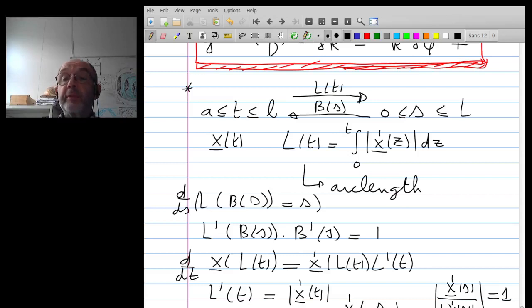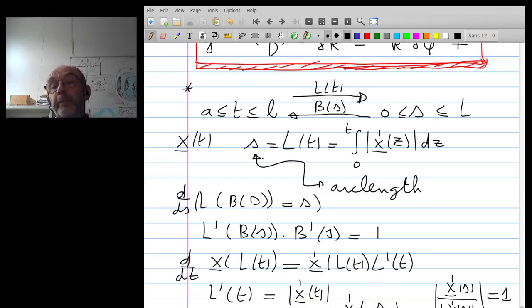The last one I have done a little bit fast, but that is just to see that if you take the arc length for your parameterization, and so this is your arc length, so if you take your arc length for parameterizing some curve, and you calculate the tangent vector along that curve, that always has length 1.